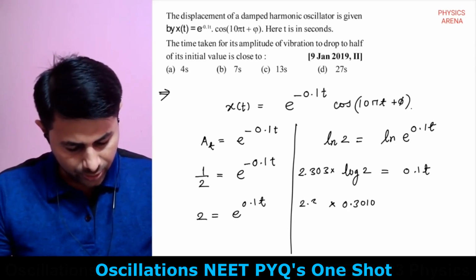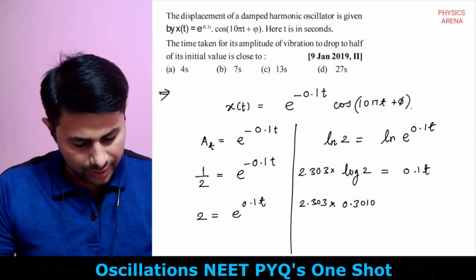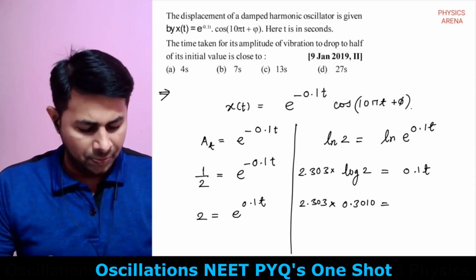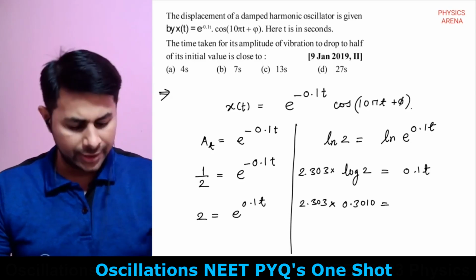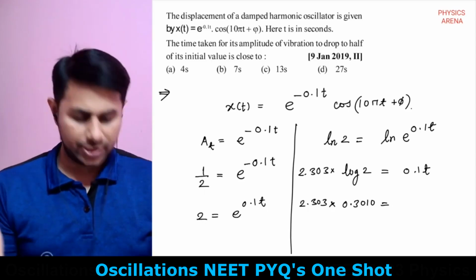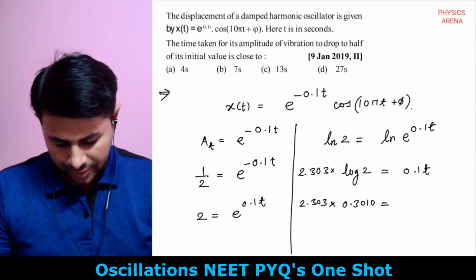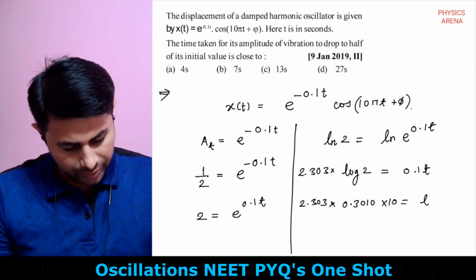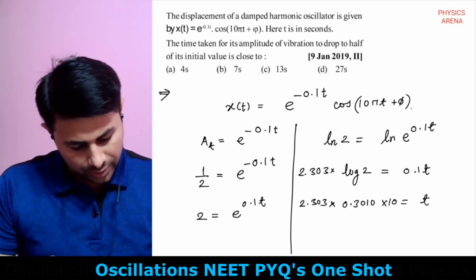So 2.303 multiplied by 0.3010 is 0.1 t. We can move that 0.1 to the left hand side, so it becomes this thing multiplied by 10. So this thing multiplied by 10 is equal to t. So how much is t?